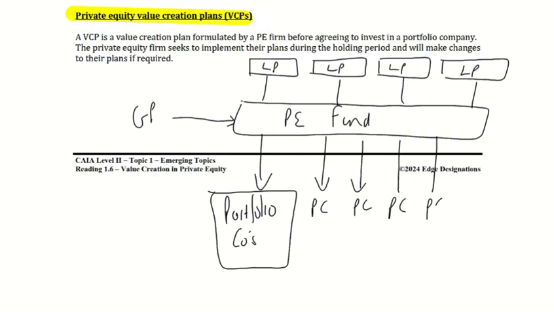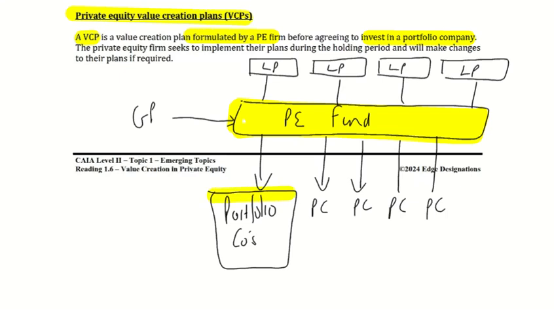What this particular article says is that when the private equity fund decides to invest in a portfolio company, it's going to come up with a VCP. The VCP is a value creation plan, formulated by the private equity firm before it invests in a portfolio company. It may look at a particular portfolio company and say, we think we can achieve value by replacing management in that company.